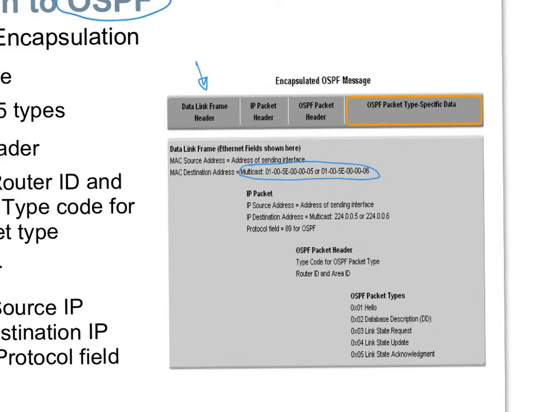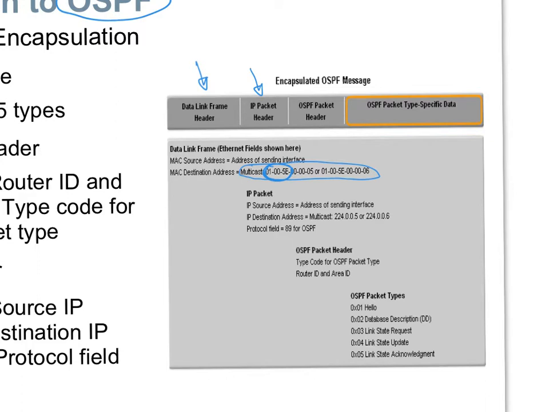If you remember from Network 1, 01005E is a multicast physical address. So in general, OSPF uses a multicast physical address, and in the IP packet header we also use a multicast IP address.